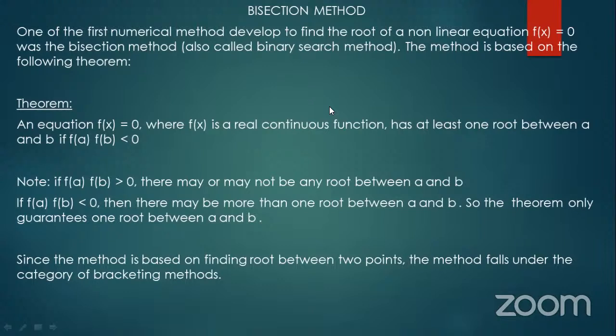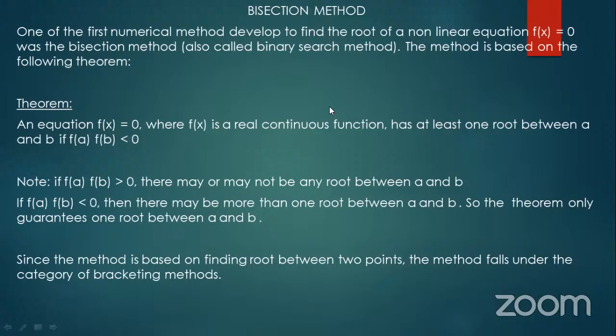Theorem 1: an equation f(x) equals 0, where f(x) is a real continuous function, has at least one root between a and b if f(a) f(b) is less than 0.